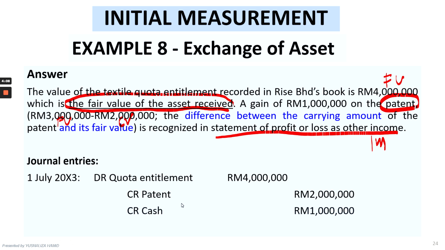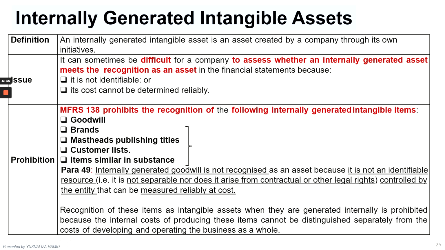The cash will have to be credited because Rice pays some cash, and the income will also be credited, the gain on the difference between the carrying value and the fair value. So therefore, the new intangible asset of Rice is the quota. There is no more patent.